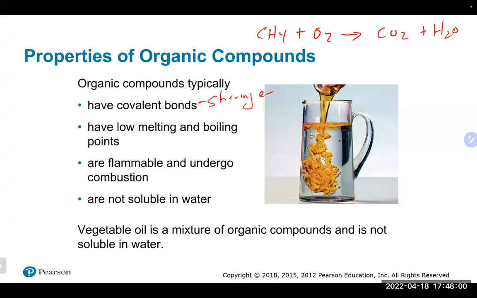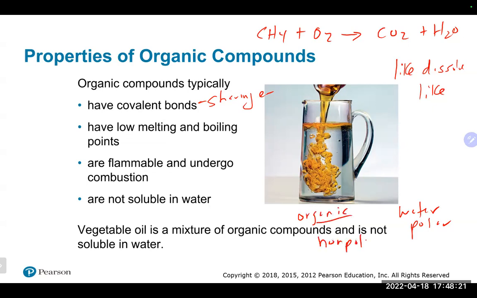They are also typically not soluble in water. And I believe we talked about the idea of like dissolves like, and what we are dealing with in the case of water, which is polar, and pretty much organic guys, for the most part, are non-polar. Those guys really do not mix.